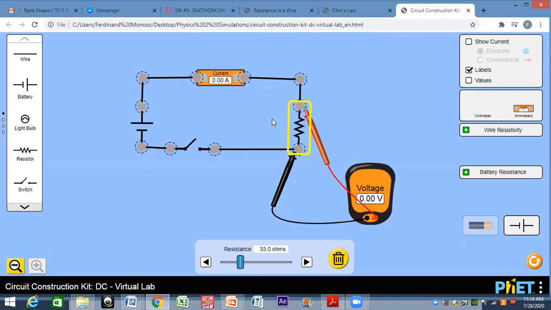Will our current go up? We now set our resistance to 33 ohms.